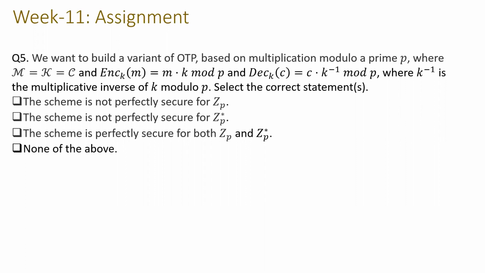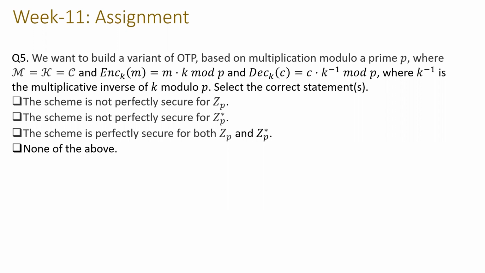But when we talk about Z_P star, because P is prime, Z_P star consists of all the elements 1 to P minus 1, right? All the elements that are co-prime to P, except 0.